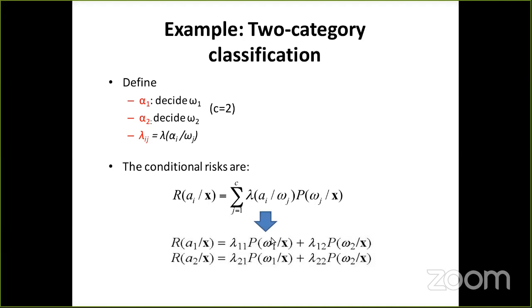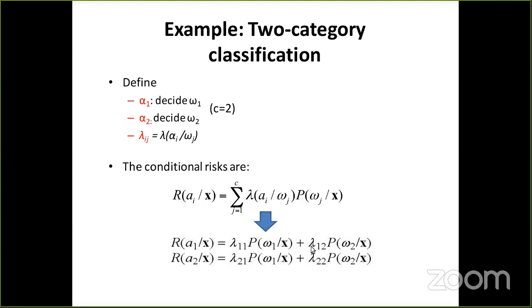If your data actually belongs to class 1, you weigh it with the risk of classifying it as class 1. Ideally this lambda 1 1 would be 0, so this term will come out to be 0. The second term is saying that what is the probability of it belonging to class 2, and this is the risk of classifying data which belongs to class 2 as a data point belonging to class 1.